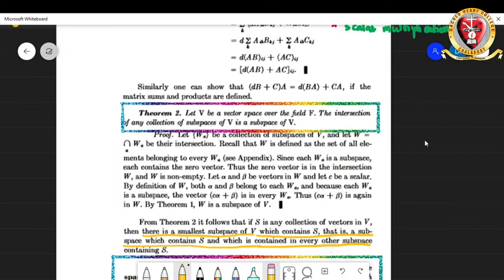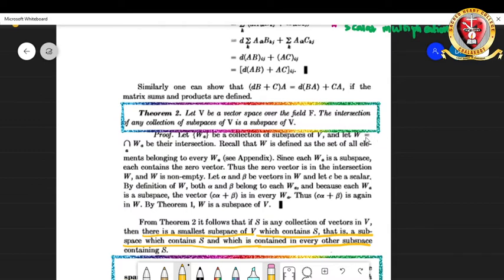Then we go to the next information, which is: if V is a vector space over the field F, the intersection of any collection of subspaces of V is a subspace of V. So let's assume we are taking a collection of subspaces of V and we are calling it the set W subscript a.